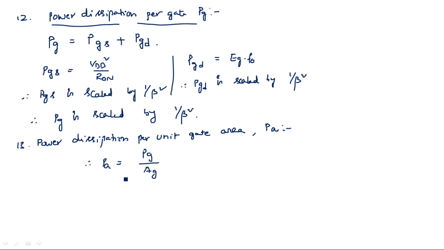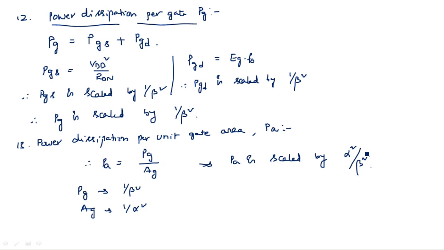What is the scaling factor of PG? Just now we have calculated, PG is scaled by 1 by beta square, and AG is scaled by 1 by alpha square. That implies PA is scaled by 1 by beta square by 1 by alpha square. This is alpha square by beta square.